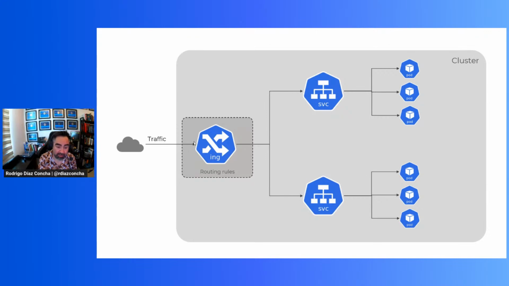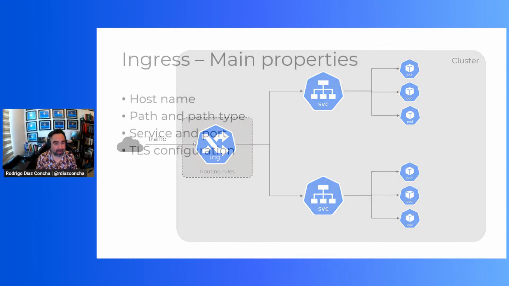You create an Ingress object and you define the rules, you define the path that you want to use for the Ingress to route the traffic to service A or service B or service C. Okay. So as I'm mentioning right now, you can have different routing rules for different services in a single Ingress object. Okay. So it sounds great, right?